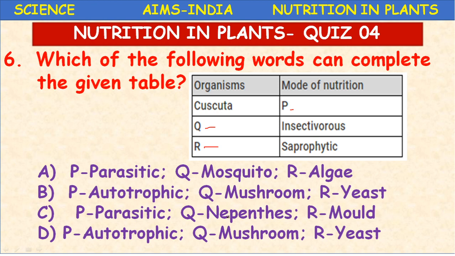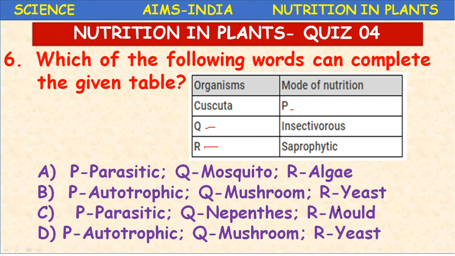Yes, Nepenthes. Okay. Next, option R, saprophytic nutrition. What are the options given here? R representing alga, yeast, mold. These three: alga, yeast, and mold. Saprophytic nutrition. So mold. Okay.